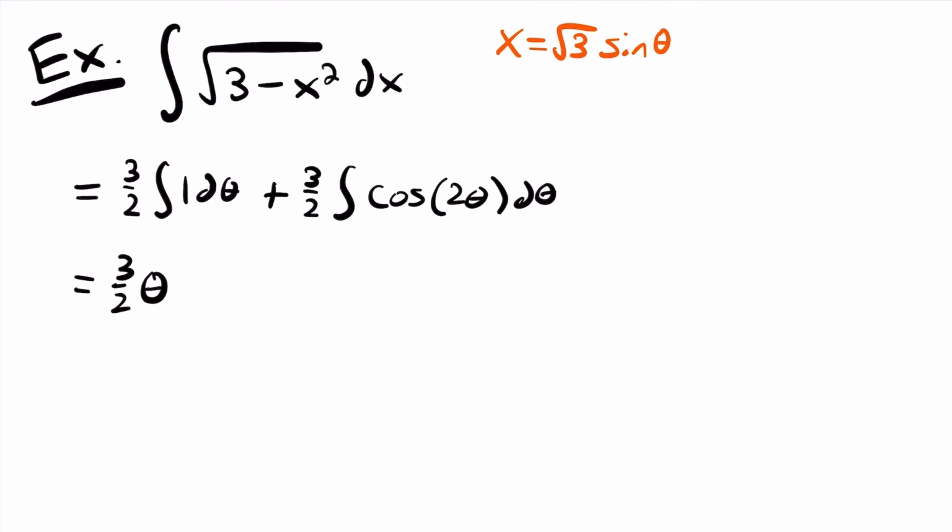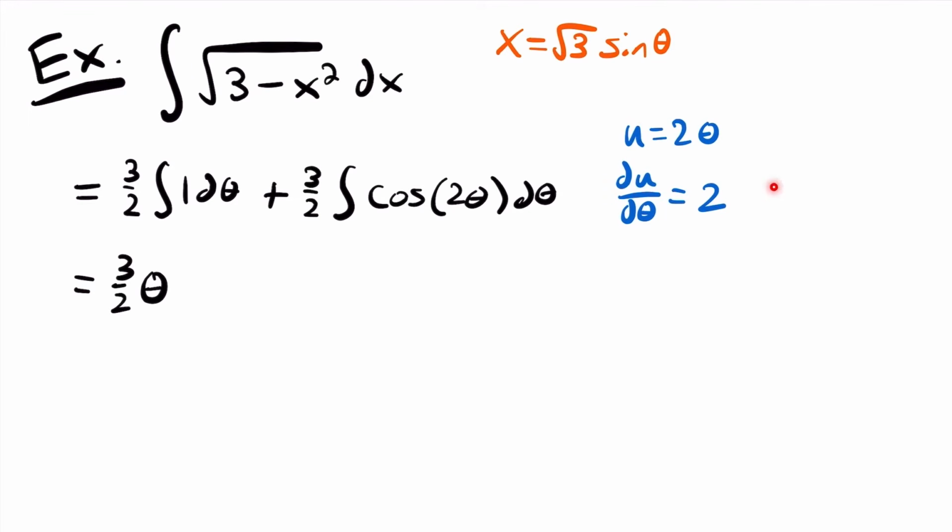And then for this integral, like I said, we're going to want to use u substitution, where we set u equal to that inside function. So we'll have u is equal to 2 theta. And if we take the derivative of u with respect to theta, then du d theta is equal to 2, right? The derivative of a variable to the first power is just equal to its coefficient. So the derivative is 2.